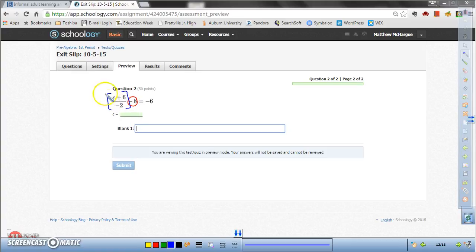In order to isolate this fraction, I have to undo this subtraction. So my first step would be to add 8 to both sides here. That's going to cancel. Now I'm left with c plus 6 over negative 2 is equal to negative 6 plus 8 gives me a positive 2.